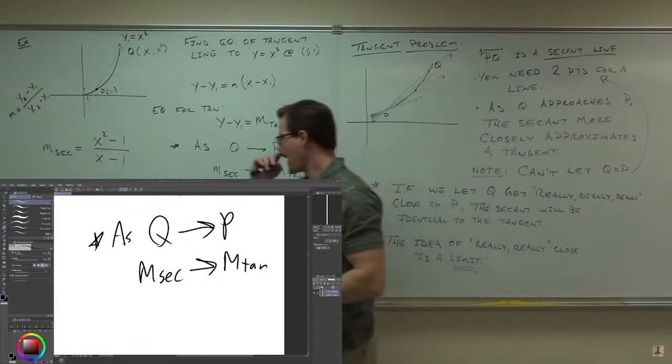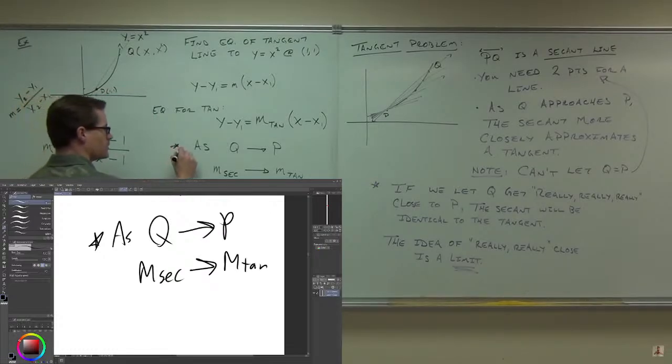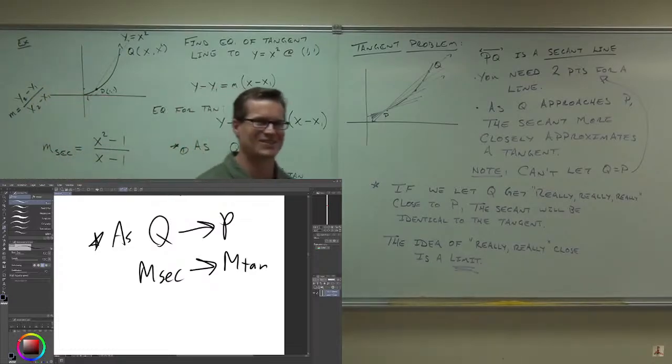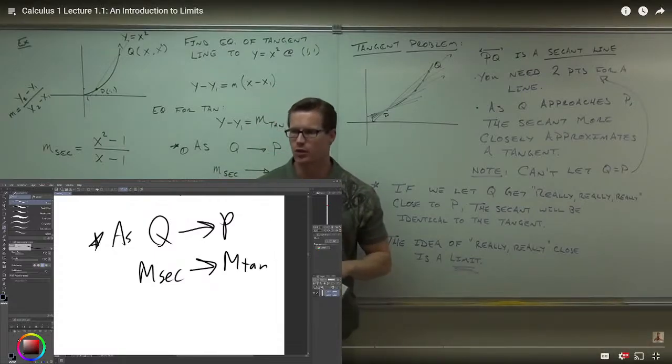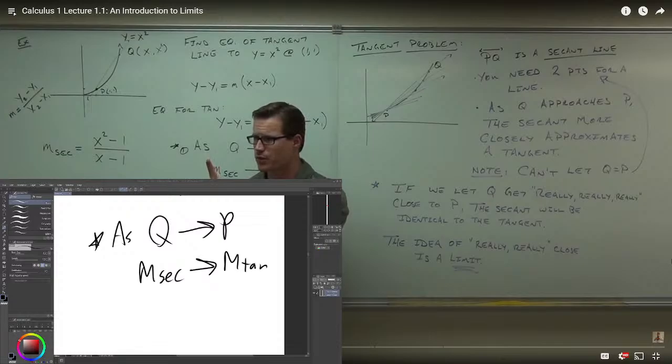It's a cool idea. Now, the problem is, here's note number one. Here's note number two. This is interesting, right? Where are we trying to find the slope? What point? 1, 1. Well, and what's the x-coordinate for 1, 1? 1. To find the slope of anywhere, you plug in that value, right?